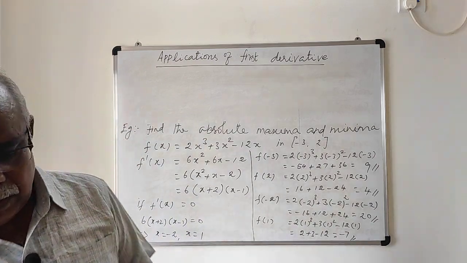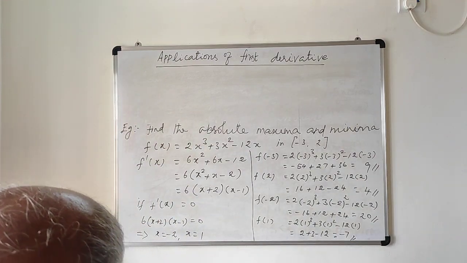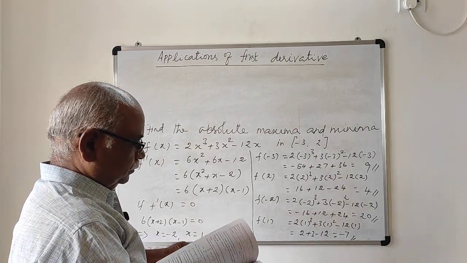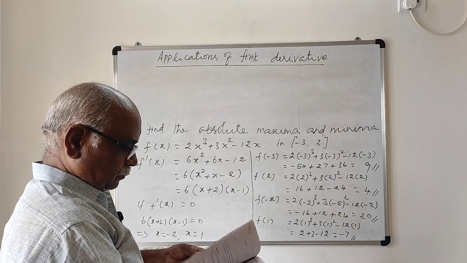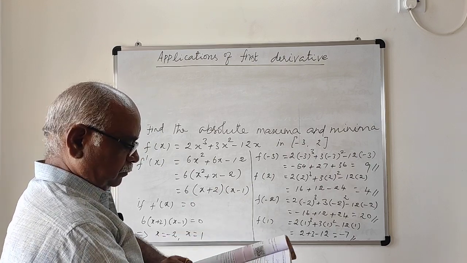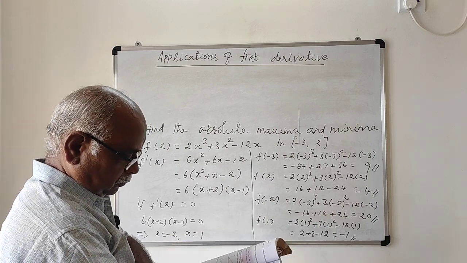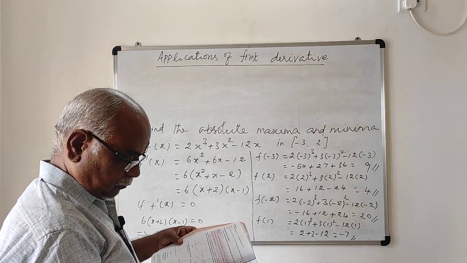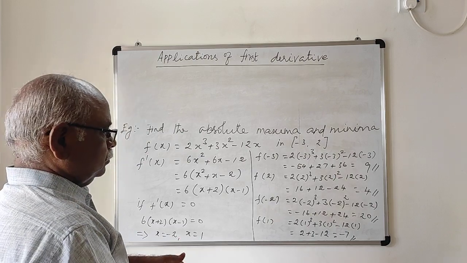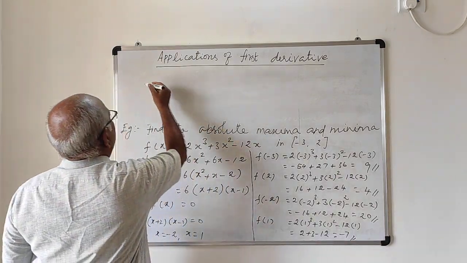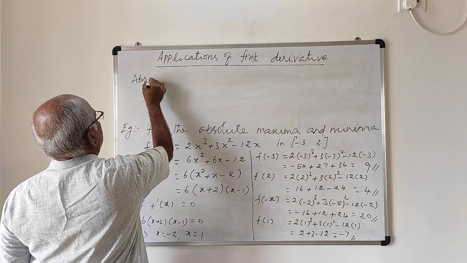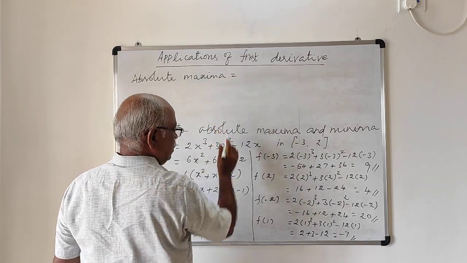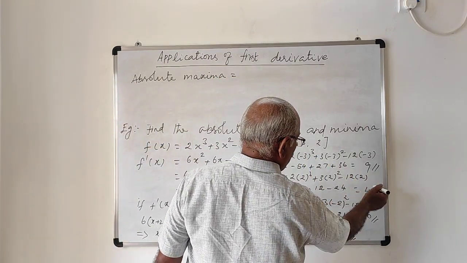The answer: absolute maximum equal to 20, because out of all four values, 20 is the maximum value.